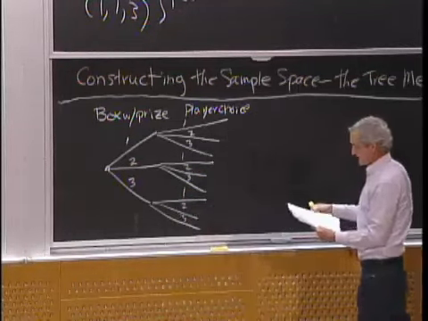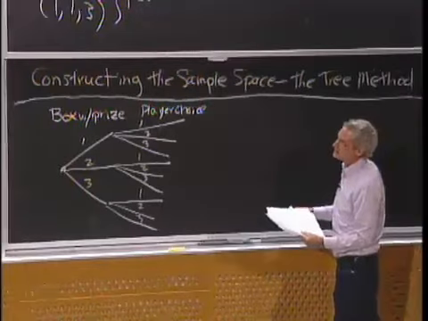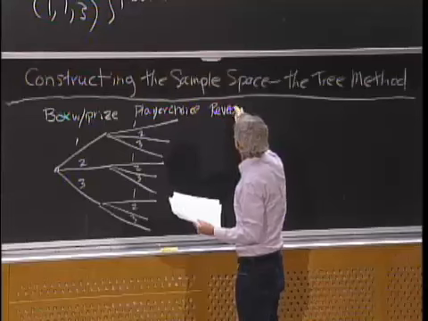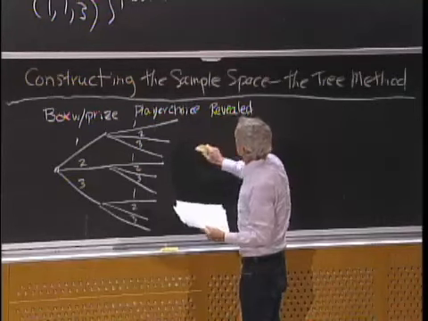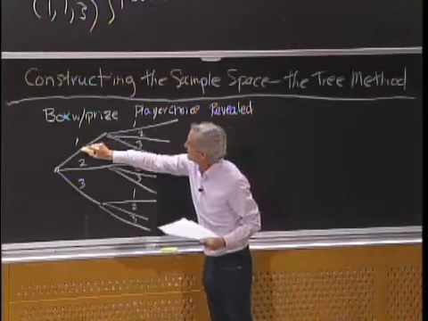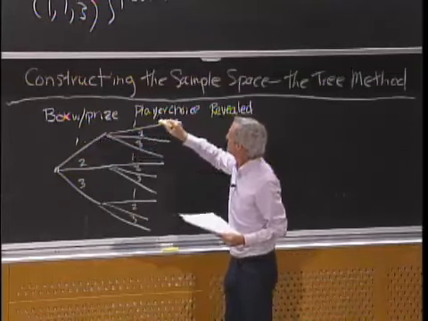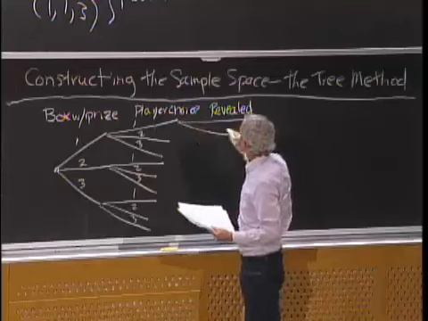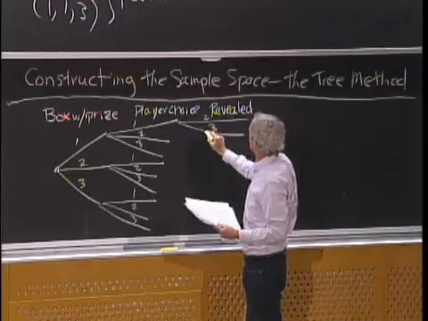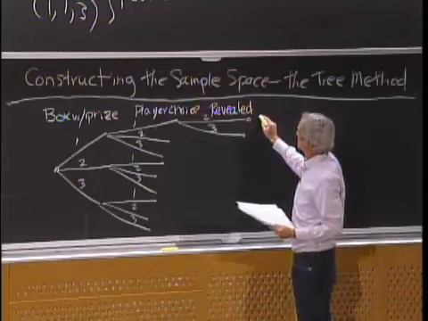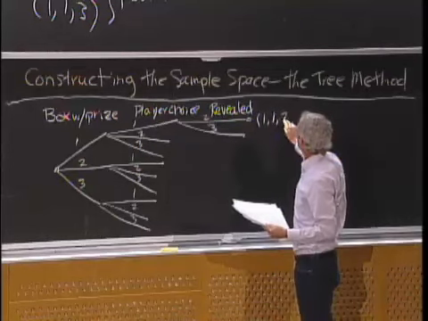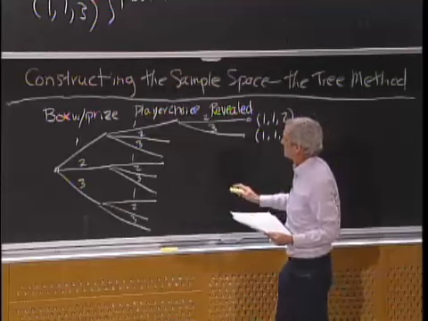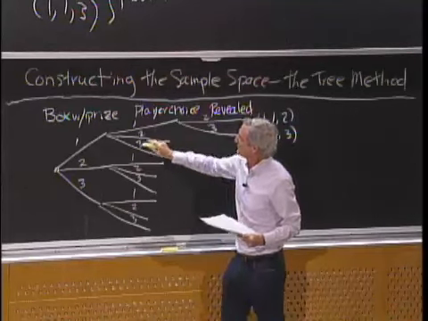And then the last step is which box is revealed. Now, in this case, if the prize is in 1 and the player chose 1, there are 2 possibilities. We could reveal 2 or reveal 3. So we get 1, 1, 2 here, and 1, 1, 3 here. What about here?